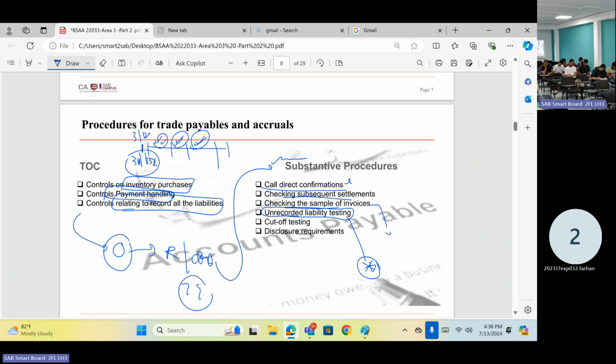Simple. You are getting a list of cash payments subsequent to the period. The subsequent period may be 3 months, depending on the way you are planning your audit.